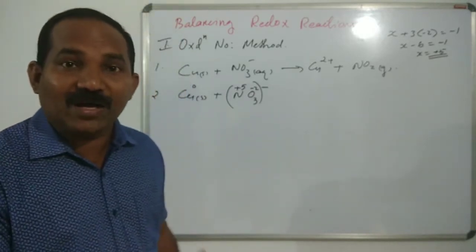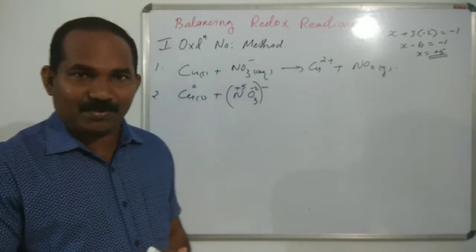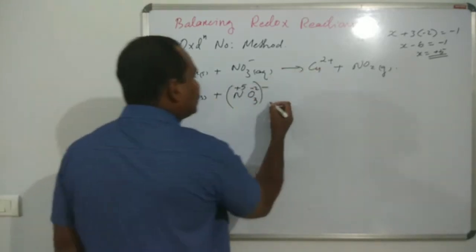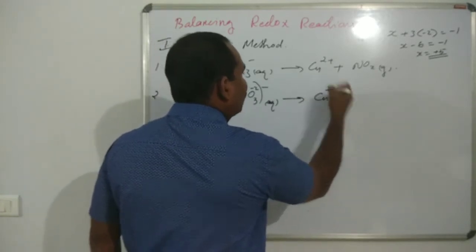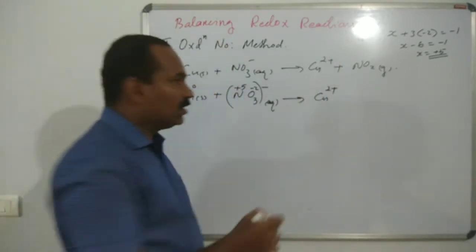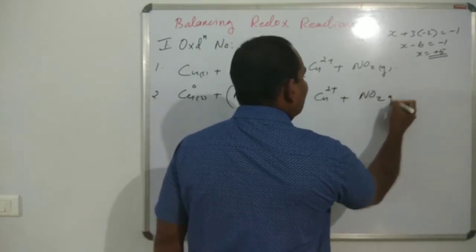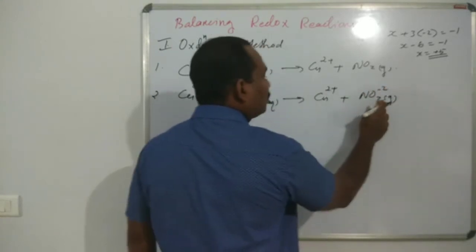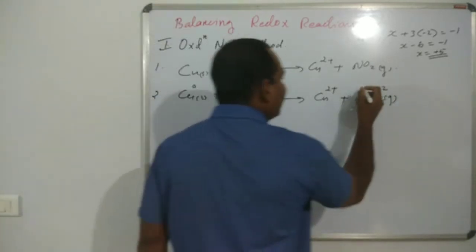Let X be the unknown element's oxidation number and calculate it. Then Cu2+ is already in the +2 oxidation state, plus NO2 gas. Oxygen is -2. 2 into -2 is -4. -4 is compensated by +4.